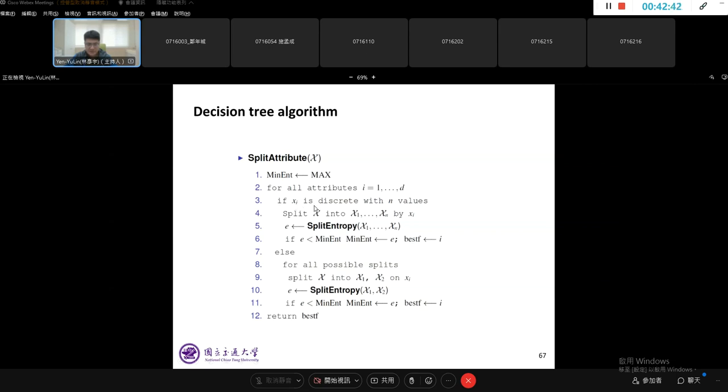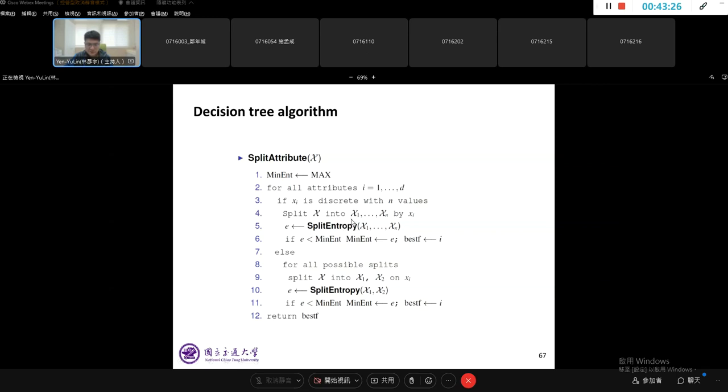If x_i is a categorical attribute, so it is discrete with m values, we don't need to have an additional threshold function because it is categorical. Each data point has some discrete state according to attribute i. So according to this attribute, the data set can be divided into m subsets, because m is the number of discrete states of this categorical variable.